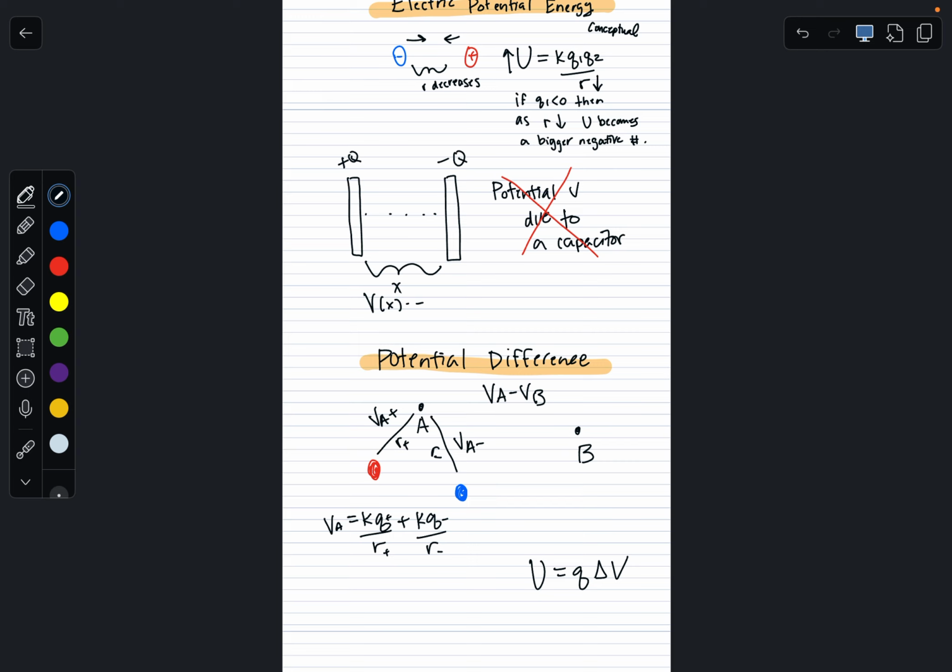So E equals delta V over d is the equation for the electric field inside a parallel plate capacitor.